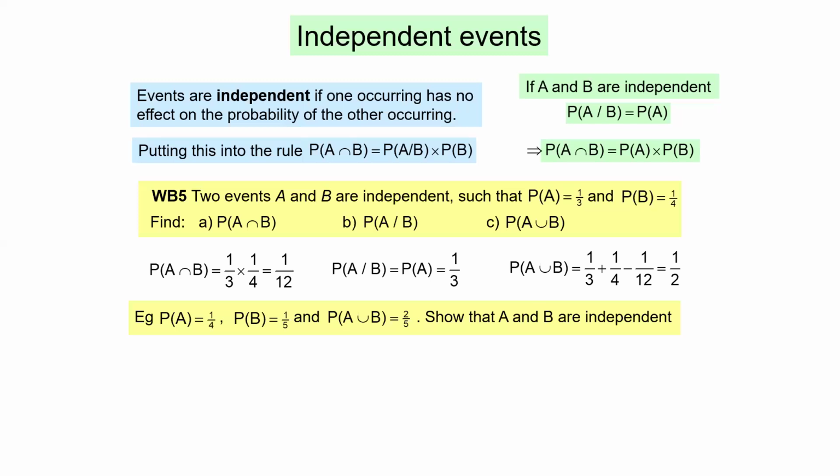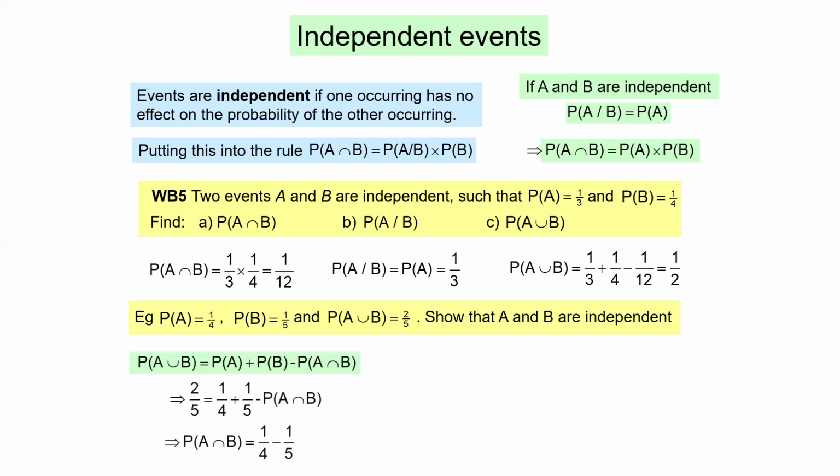So sir, I'm finding P of A intersection B, so I'm getting 1 over 20. And then, yeah, use this formula. Yes, sir. So that's what I do, sir.